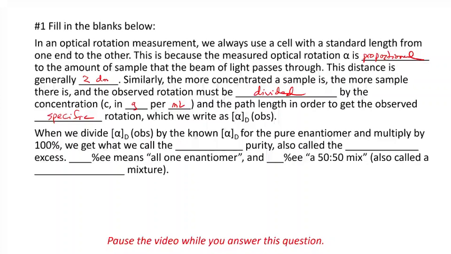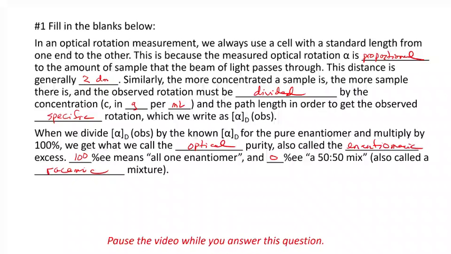When we divide the observed specific rotation by the known specific rotation for the pure enantiomer and multiply by 100%, we get what we call the optical purity, also called the enantiomeric excess. 100% EE means all one enantiomer, and 0% EE means a 50-50 mix, also called a racemic mixture.